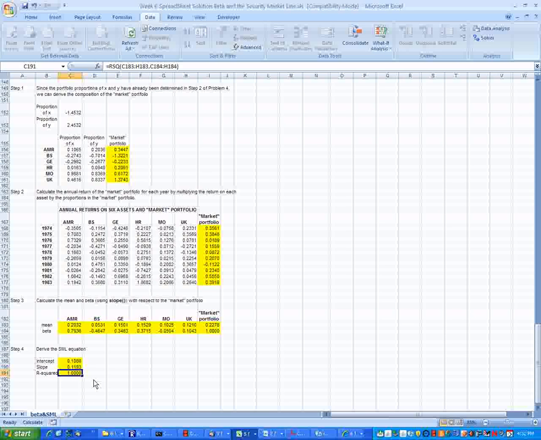In other words, what this means is, using our new market portfolio, which is indeed an envelope portfolio, we can explain, using our explanatory or independent variable beta, 100% of the variability in the expected or mean returns for each of the stocks. In other words, we now have a perfect model.